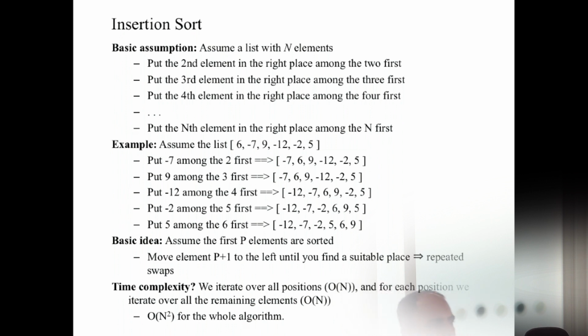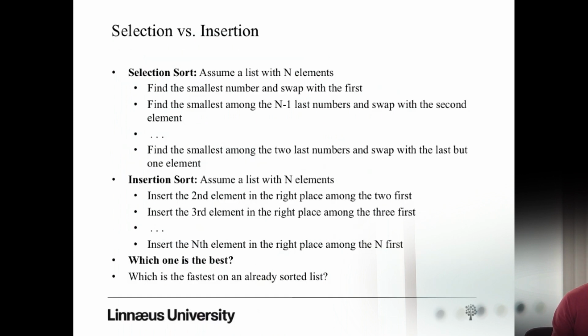we can say that the time complexity of insertion sort is n square. That is more or less the same as we have for the selection sort. However, for some scenarios, insertion sort performs better than selection sort.